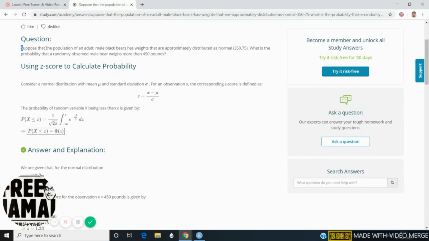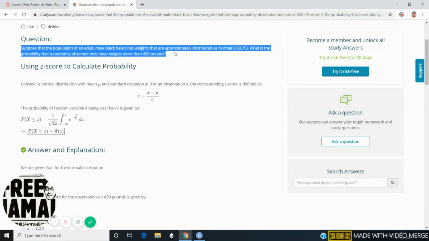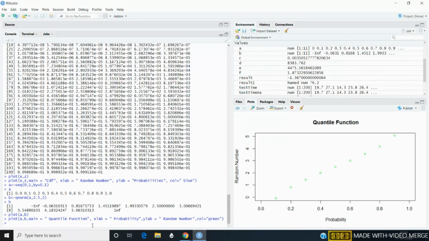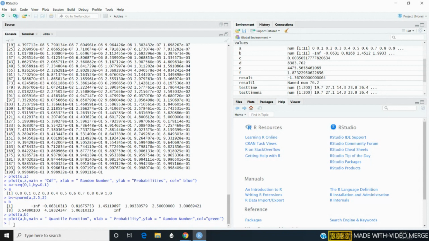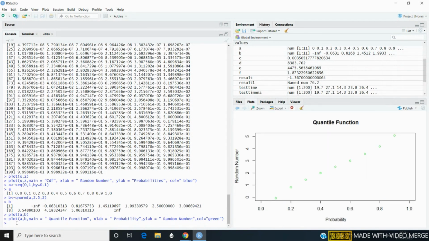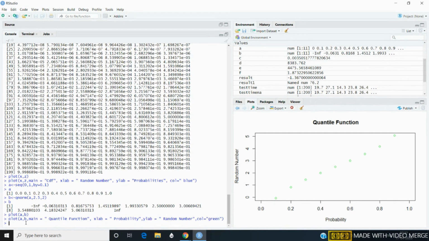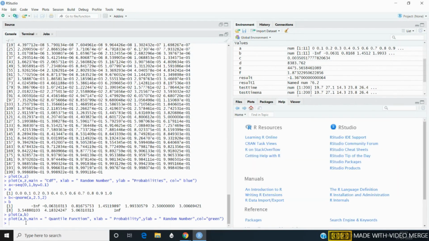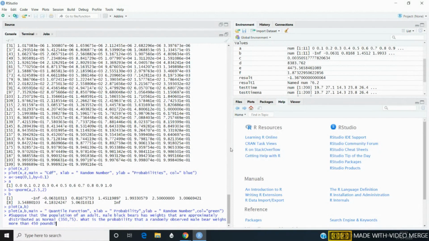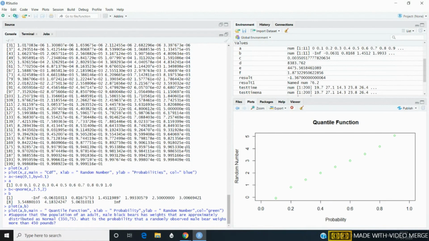Okay, I'm just copying this question, control C, and pasting it onto RStudio with a hashtag. Sorry, just retrieve. Yes, it is mistaken again. Hash. Sorry. Okay. So here we have a question.